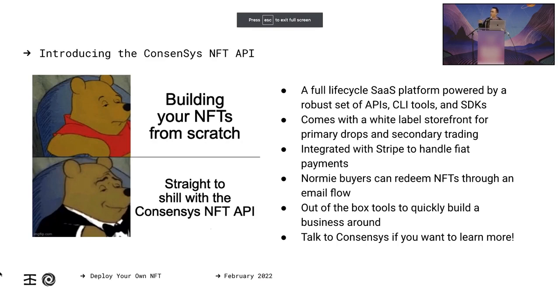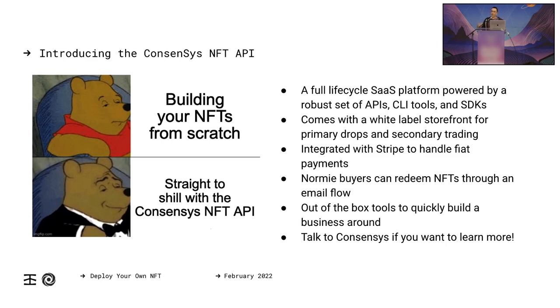So we did this at a very low level, right? We're talking about contracts, IPFS deployment, deploying and transactions. Well, let's say you don't have time for any of that. Consensys is going to be releasing a Consensys NFT from our NFT group. It will be a full cycle SaaS platform powered by APIs, SDKs, CLI tools.